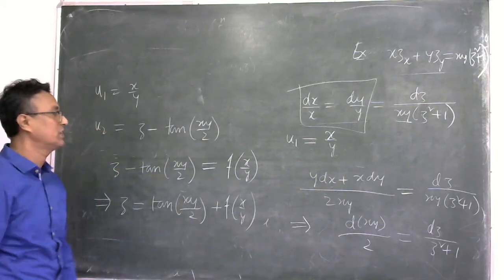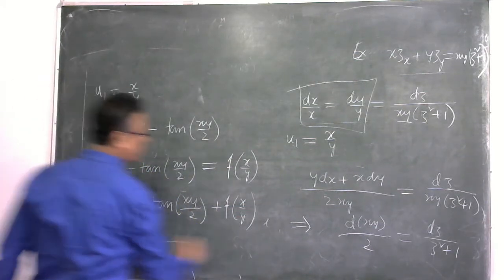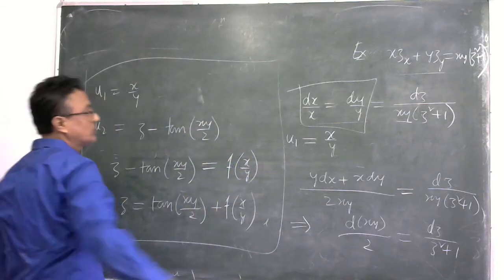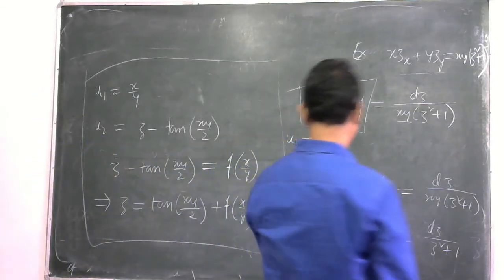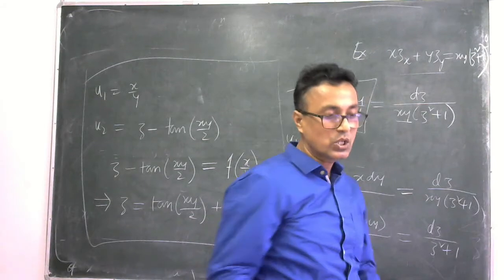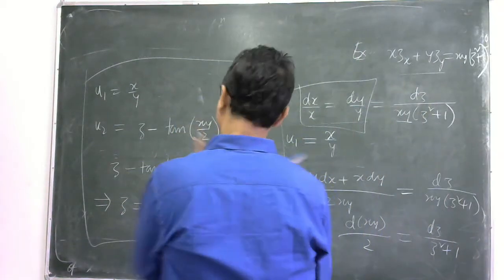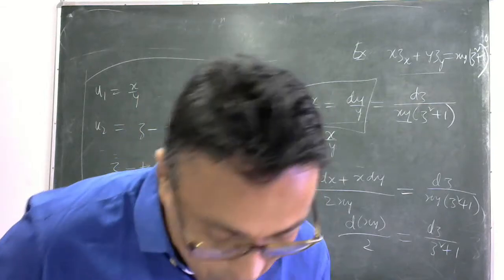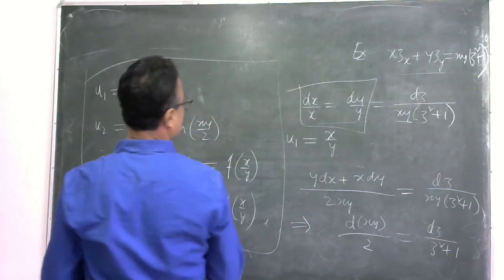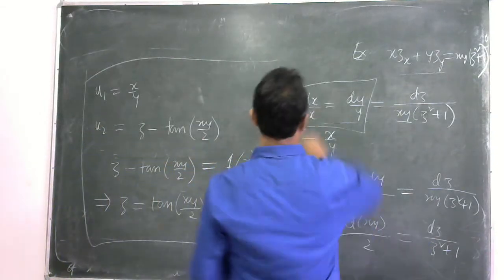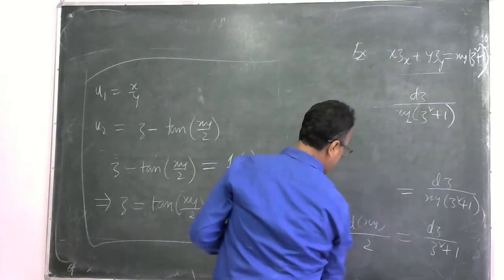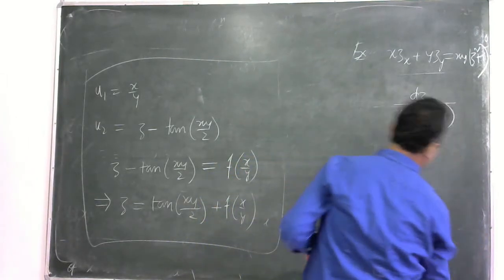X by y. That's it. Okay? Fine. And please try to do as many examples as possible. Okay, so now I am dying to come to this particular part. What I'm going to do, you'll understand why I'm so desperate to come to that. I find it very, very interesting.